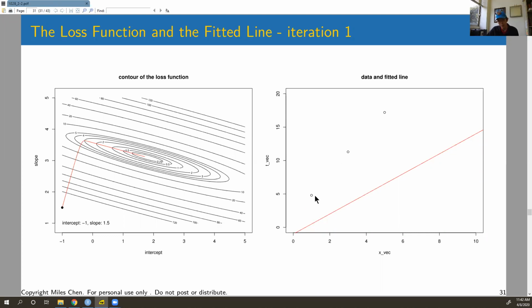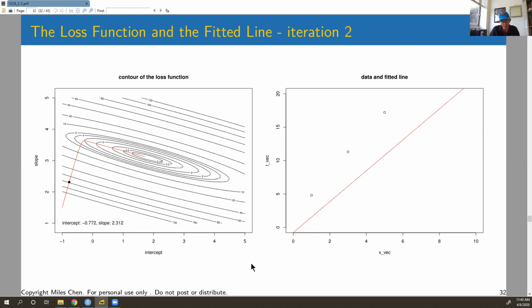Between my predicted and my actual value, there's a huge loss. I'm very high up on the sides of my paraboloid, my valley here.